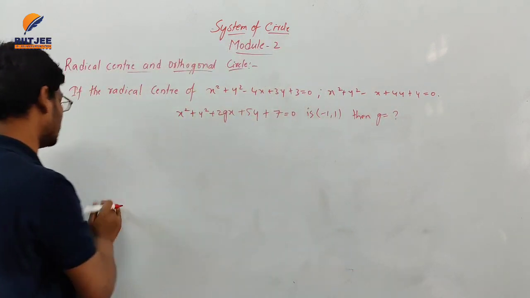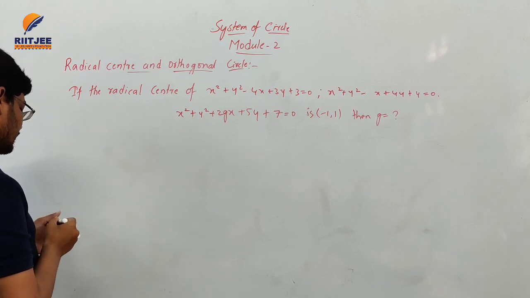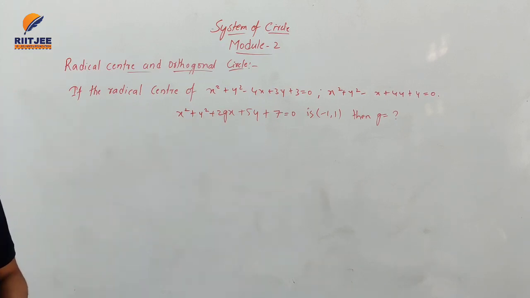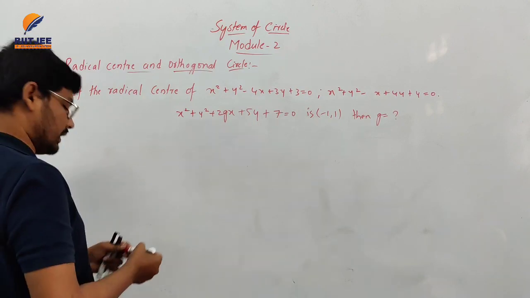Here observe the question clearly, understand the question here. He has given, if the radical center of 3 circles is given.